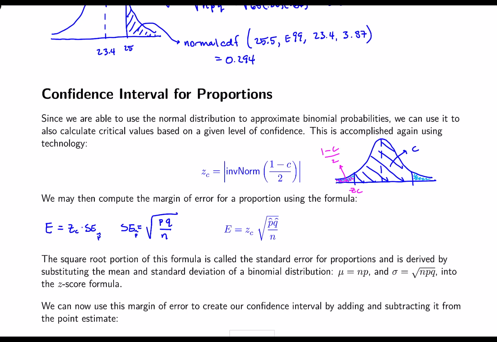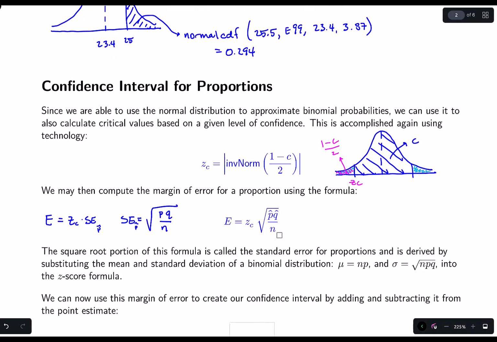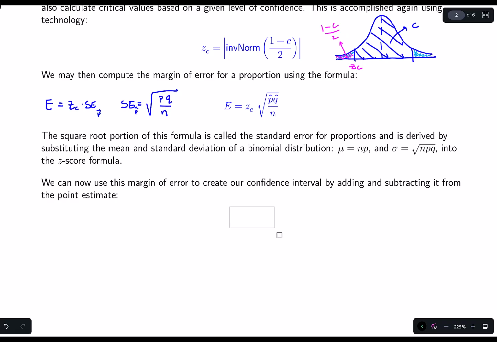And if we don't know the value, we can't use it in our calculations. So we substitute p hat here and q hat accordingly. And once we have that margin of error, then it's just a matter of creating our confidence interval, simply what we said at the beginning of the lesson, by taking p hat plus or minus that margin of error.